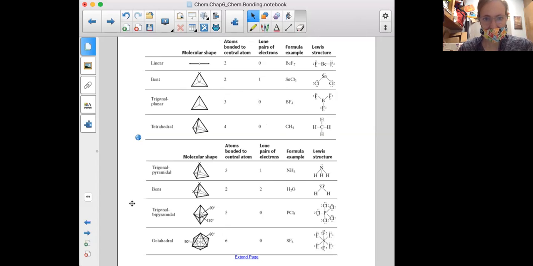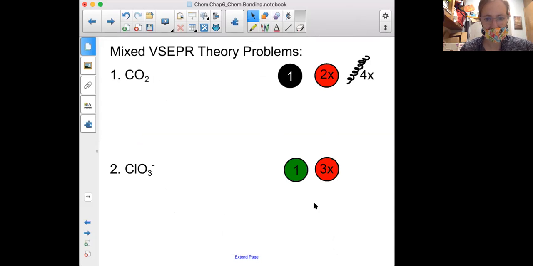So, for example, let's do some examples. So on the next slide here, I have CO2, okay? So the first thing you want to do is draw a Lewis structure. So carbon has 4 valence electrons, right? And oxygen, well, there's 2 of them at 6.